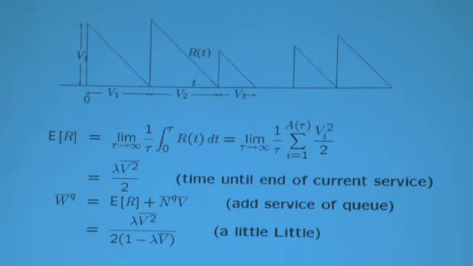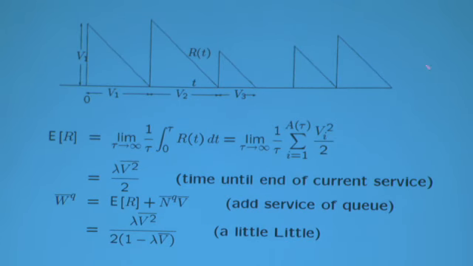This is an analytic way of finding that factor of 1 minus rho that I really didn't talk about before. So this integral here, if I look at it out to A of tau, is going to be 1 over tau times the sum of all of these triangles here up to the number of customers which have arrived up until time tau.